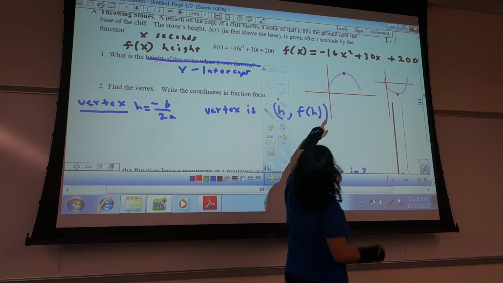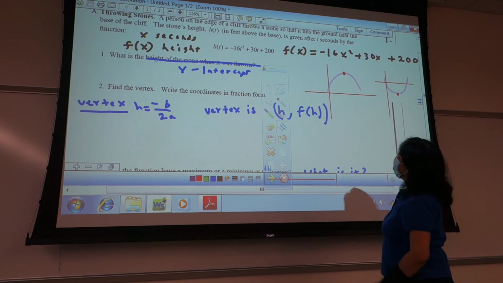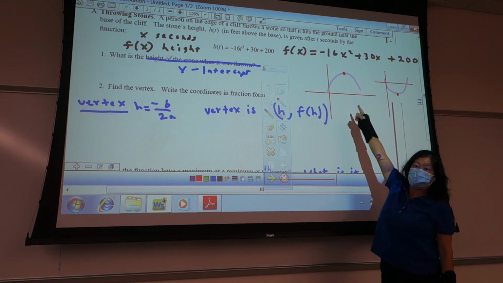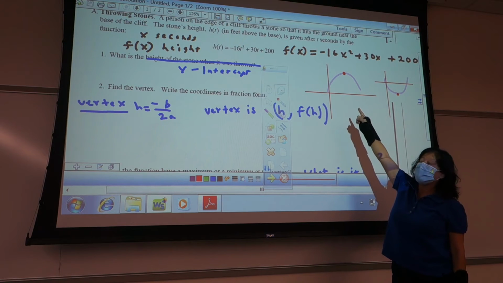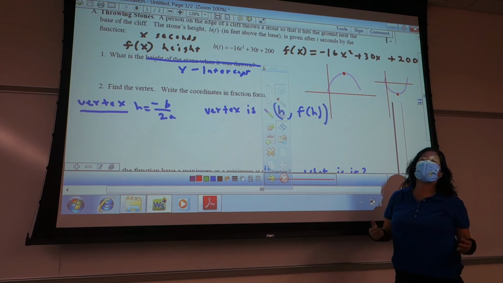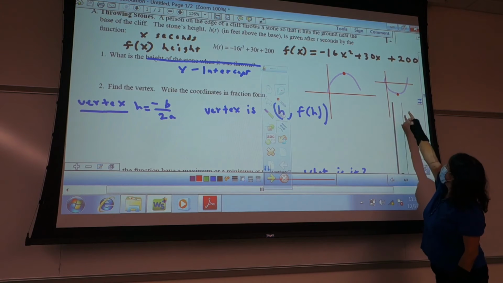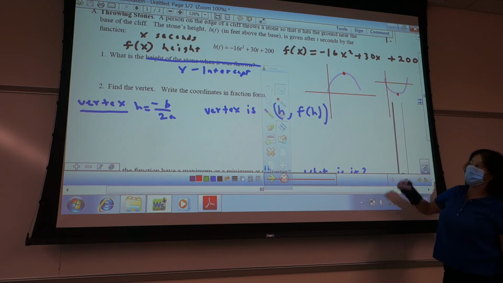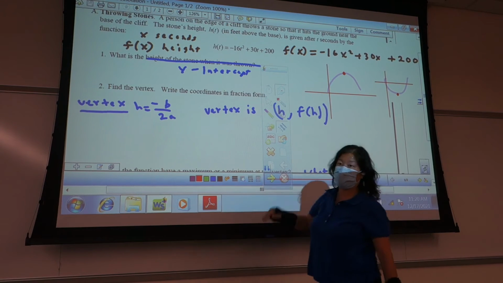With the maximum height, right? So if it's like this, it'll be a maximum height. That'll be your y. The x will tell you at what time that occurs. Over here would be the minimum height, if it goes like this, and what time it occurs at. That's what your vertex does.